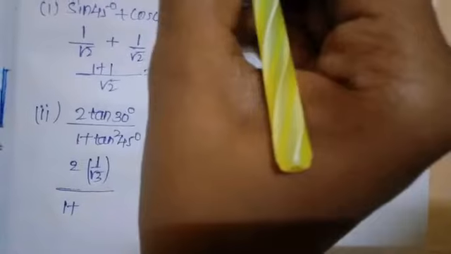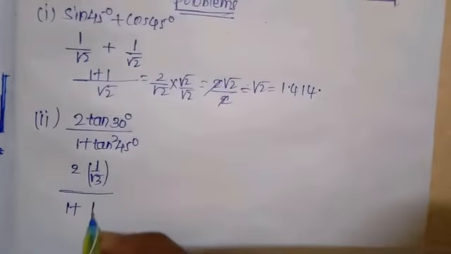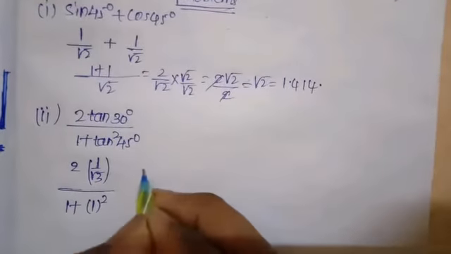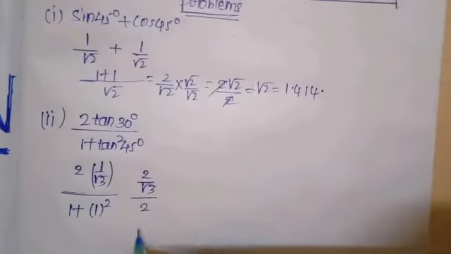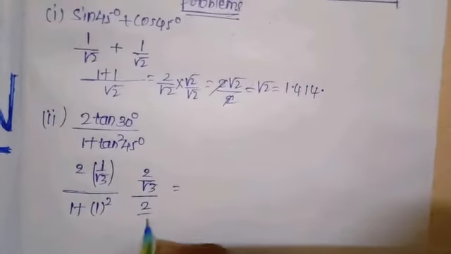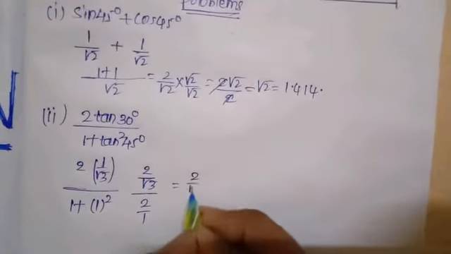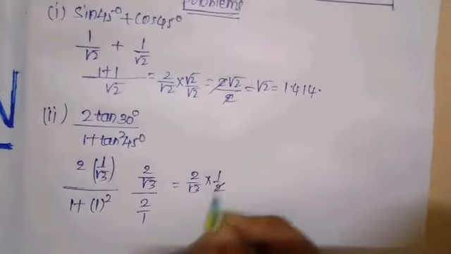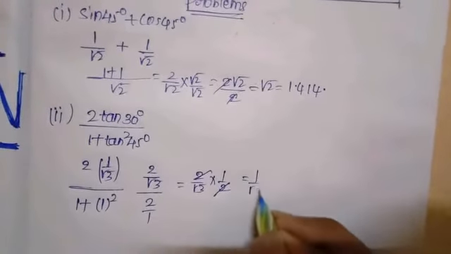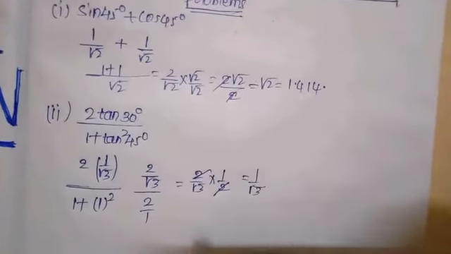First we look at tan 45, which is 1, so 1 square. So we get 2 by root 3 by 2, the base being 1, so 2 by root 3 into 1 by 2. The 2 is in the numerator and the denominator, so it will be cancelled, equal to 1 by root 3. So these are examples for the problems based on this table.